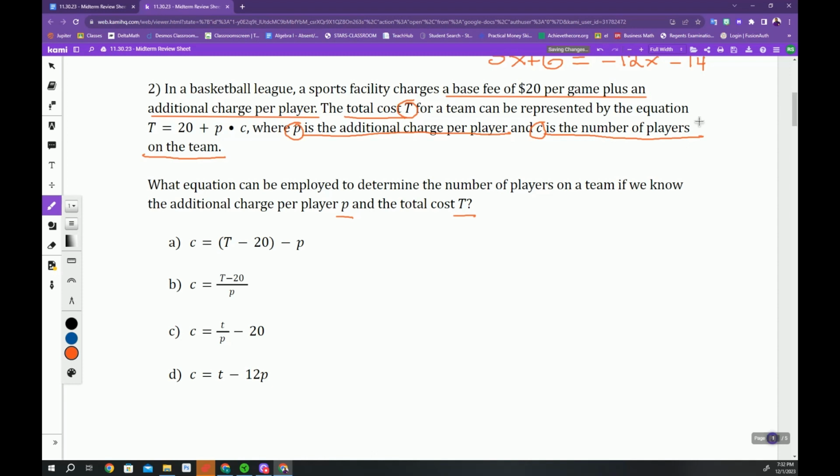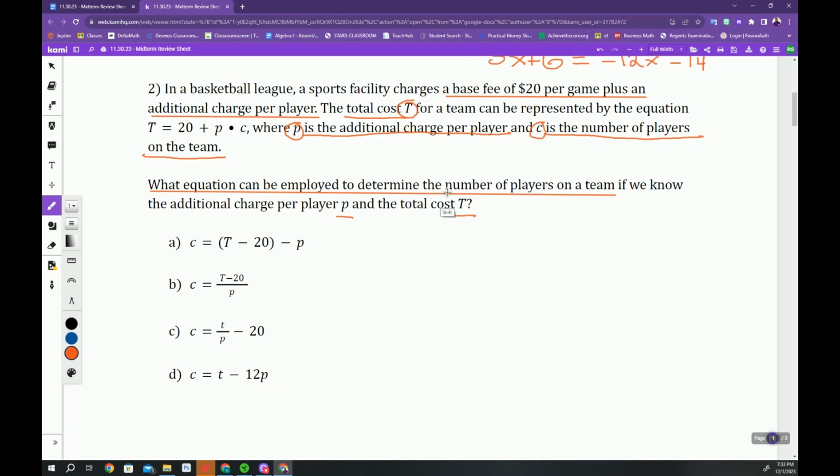So this one you really want to remember and read what they are looking for. They're not looking for P, they're not looking for T. What they want us to look for is what equation can determine the number of players on a team if we know the value of P and if we know the value of T. Well, let's look back at the original question.